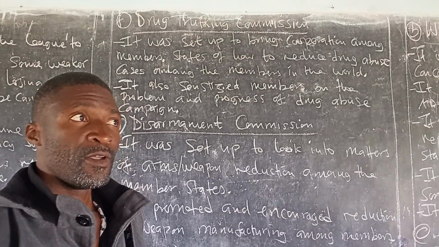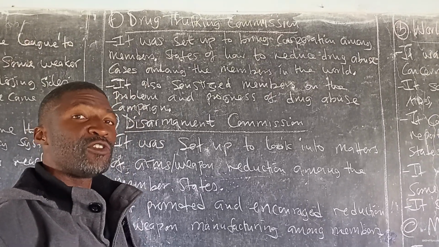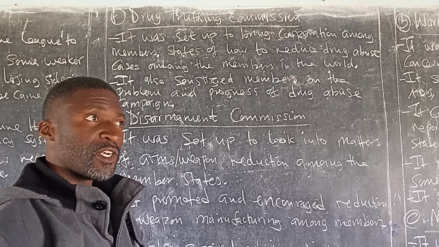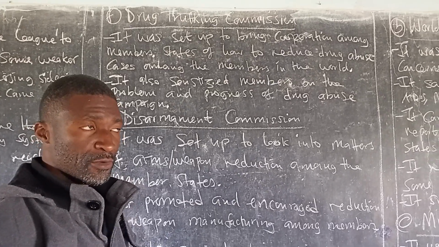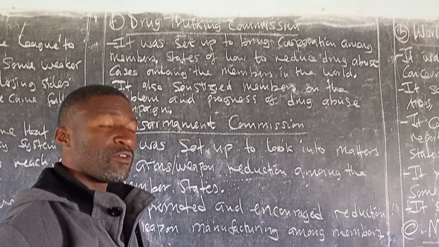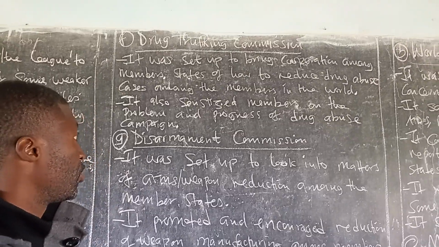For example, in the first quarter of the year, we had a reduced number of reported cases of drug trafficking or drug abuse. Basically, it had to bring about the cooperation of member states so that drug trafficking is reduced.